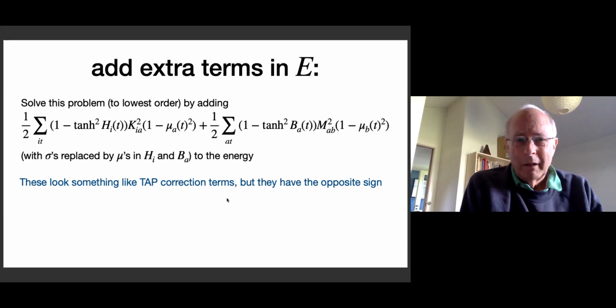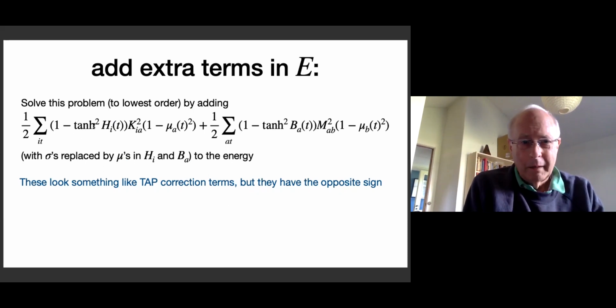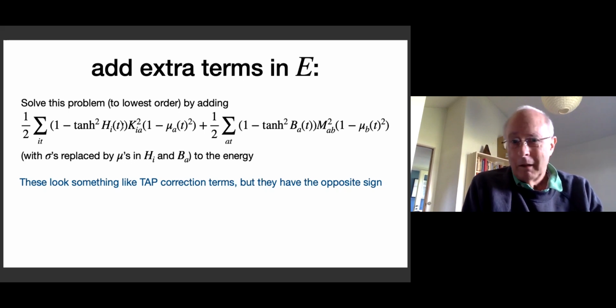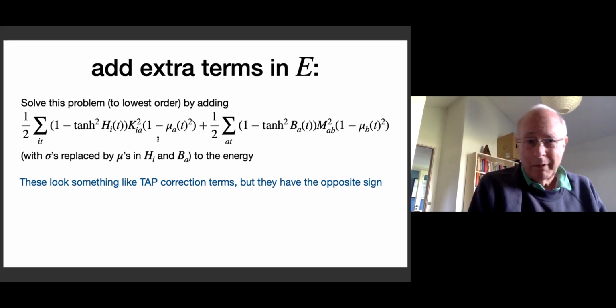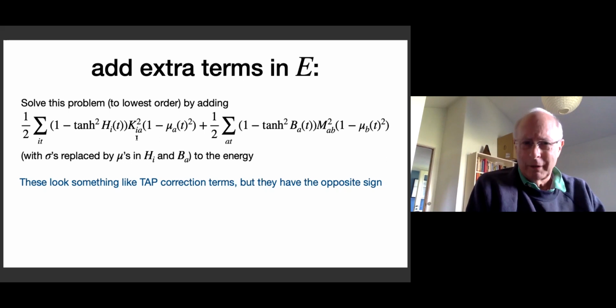So to this order, we can fix the problem by sticking this term in the energy. This is just the extra term that we just added. Okay, and we can do the same thing for the hidden units. Now, if you were listening when I was talking about TAP, these things look sort of TAP-like, right? This is a sort of fluctuation-looking term. This is 1 minus mu squared.